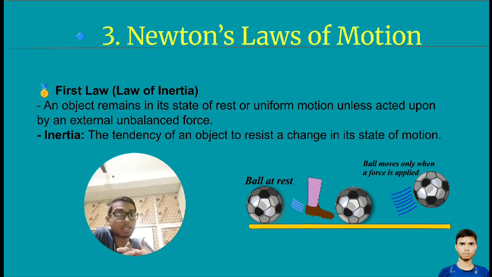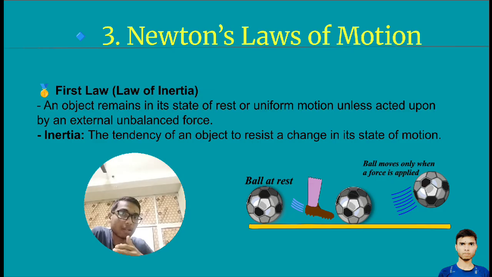Clear? What is inertia? The tendency of an object to resist a change. Whatever we understood about the first law is the same for inertia. Let me explain inertia of rest, inertia of motion, and inertia of direction. Inertia of rest is what?